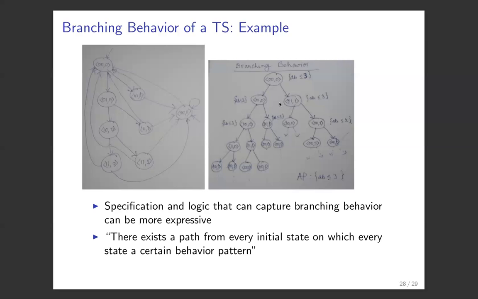So in that sense, branching behavior will be more significant and interesting if there are multiple next states. But the reverse question is even more interesting. Was it Ratnakar who made that observation? Yes.